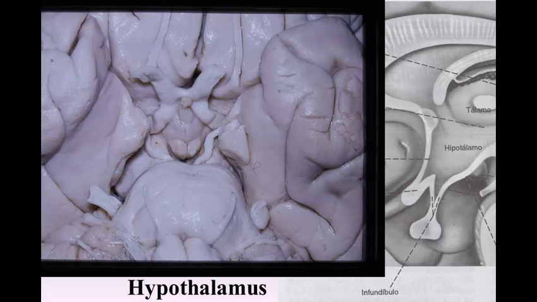The tuber cinereum is a hollow eminence of gray substance situated between the corpora mammillaria behind and the optic chiasma in front. Laterally, it is continued with the anterior perforated substance, and anteriorly with the thin lamina, the lamina terminalis. From the undersurface of the tuber cinereum, a hollow conical process, the infundibulum, projects downward and forward and is attached to the posterior lobe of the hypophysis.